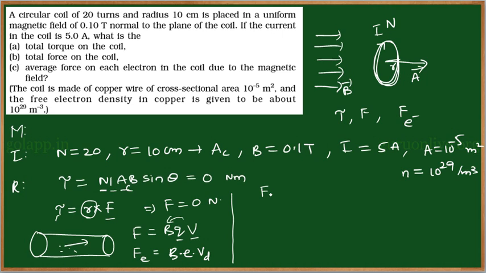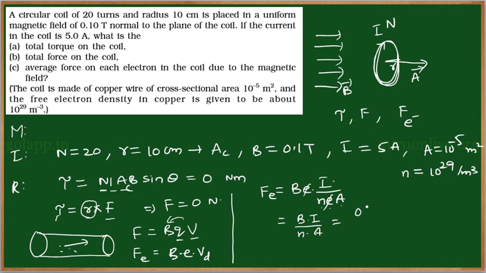Now the drift velocity can be written as I by nAe, so Fe is equal to Be into I by neA. I is the current flowing in the copper wire, n is the free electron density in the copper wire, e is the charge of each electron, and A is the cross-sectional area of the copper wire. e gets cancelled, so the remaining expression is B into I divided by n into A. Now I substitute the values.